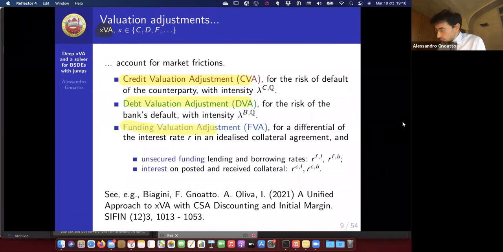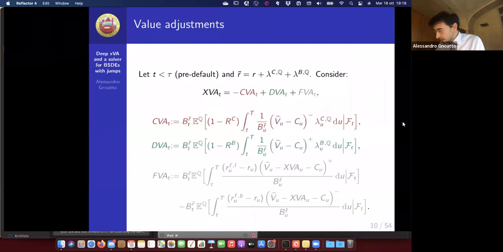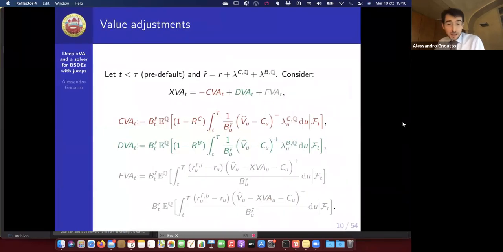And then, in order to account for multiple curve issues and different sources of funding, you introduce the so-called funding valuation adjustments. The interested reader can look up this paper here, where we have even more valuation adjustments. So the equations that I will be showing now for the valuation adjustments are based on the paper here below.